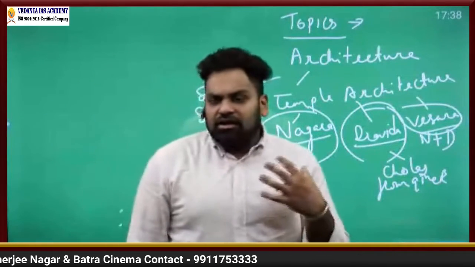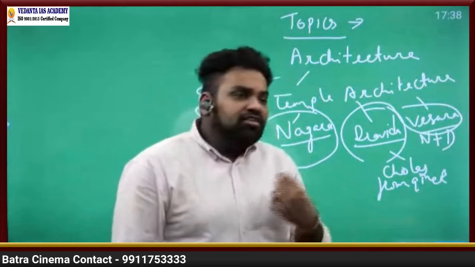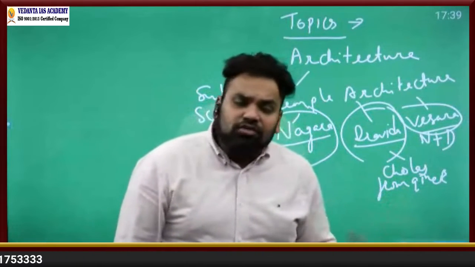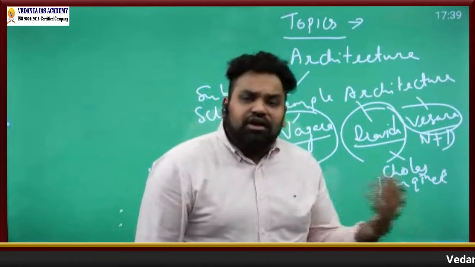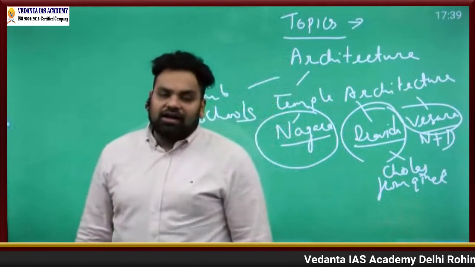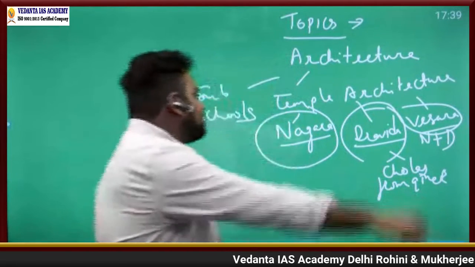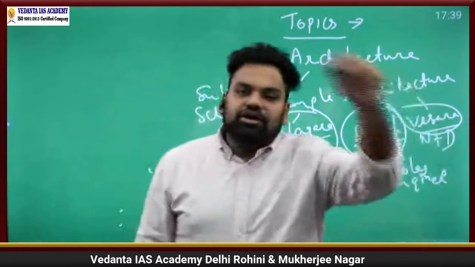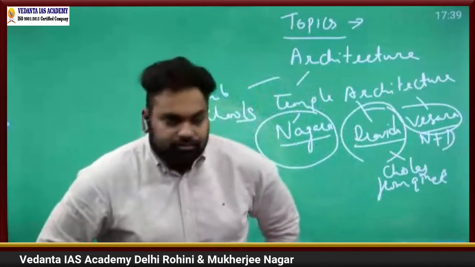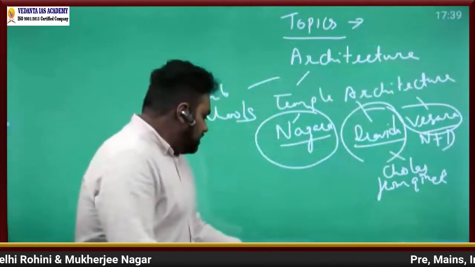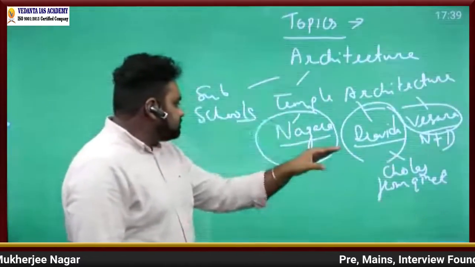For example, in the Odisha school, we will see certain changes which are a part of the Nagara style. In the Gujarat school, we will see certain changes which were added to the Nagara style of architecture. तो ये सब चीजें हैं which you need to read. Okay, तो ये हो गया हमारा temple architecture, which is very, very important.